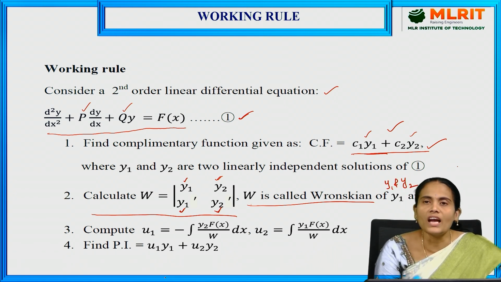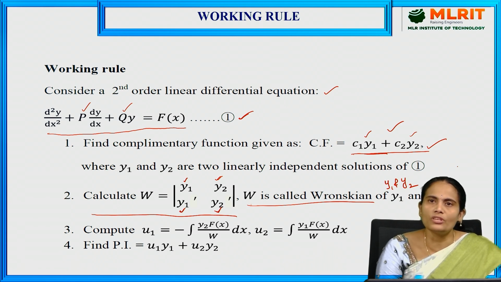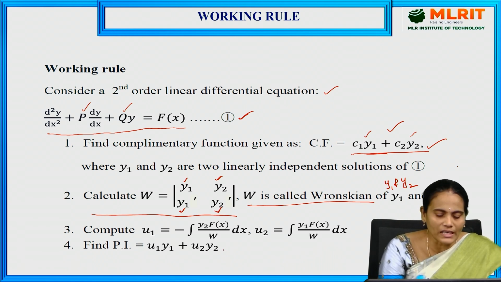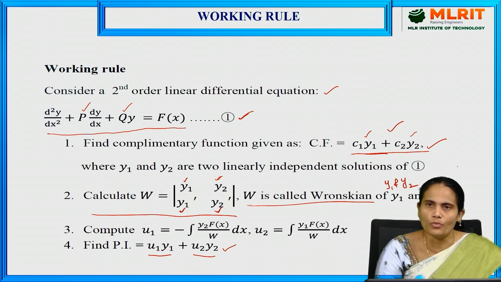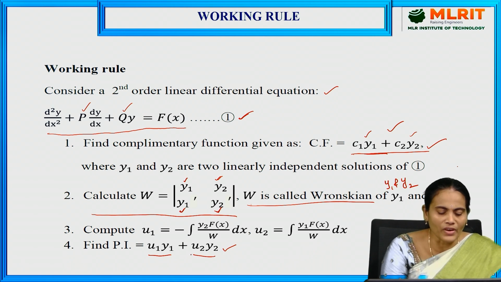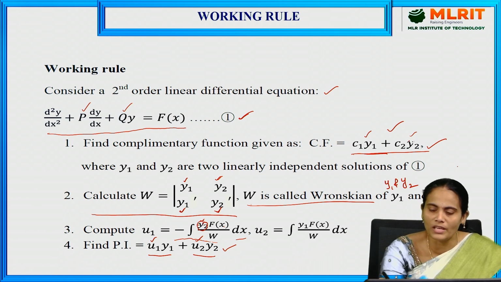And next we have to find the particular integral. What is the particular integral? The particular integral is defined as u1 into y1 plus u2 into y2. Then how can we find u1 and u2? The u1 is defined as the integral of minus y2 into f of x, divided by W. This y2 function we are taking from the complementary function.